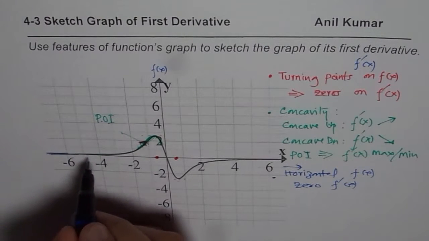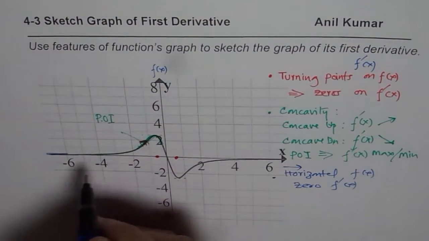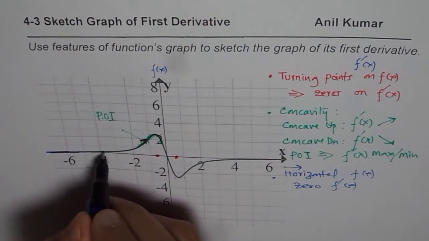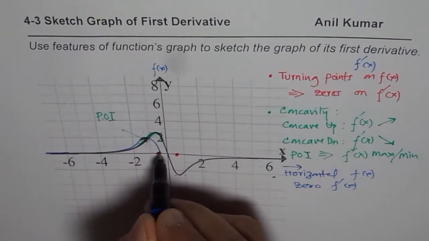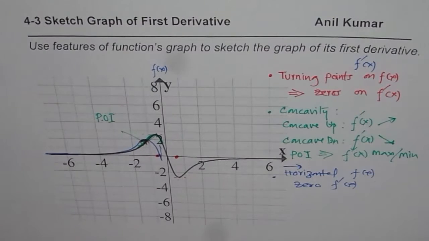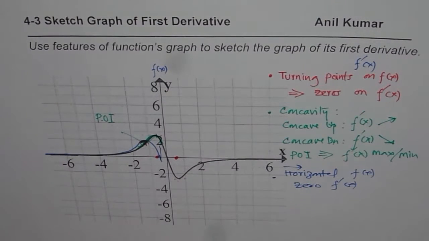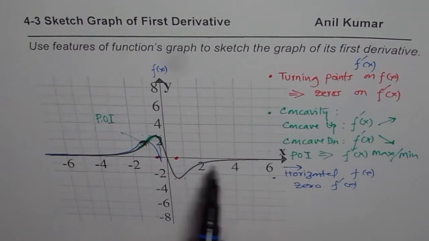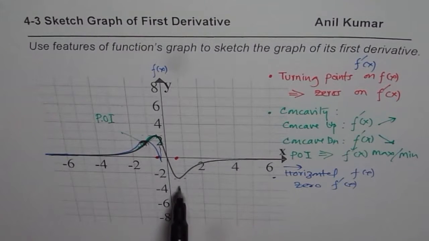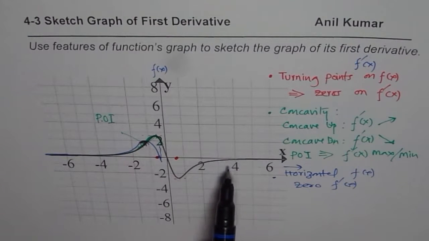So based on these things we can say that the graph of the derivative should be kind of like this, turning from there and then going down at this point. You get the idea, right? That is how it should be. So we got one part of the derivative. Now we can do the same strategy on the right side and get the other half of the derivative.